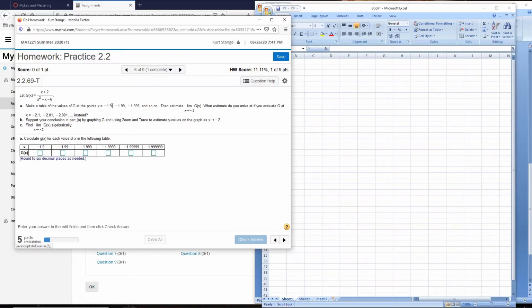And this is approaching -2 from the right. And then they want us to estimate the two-sided limit. So in order to get the two-sided limit, we have to do the left and the right. And they're giving us the set of numbers here. Here's the numbers for the right, and then they have these for the left. And that's the table they want us to fill out.